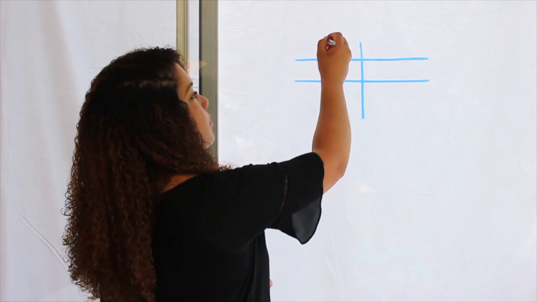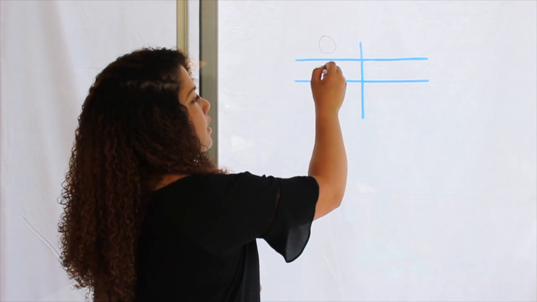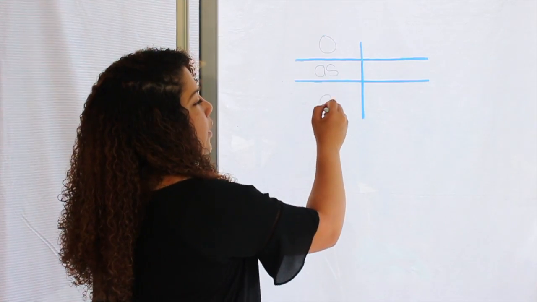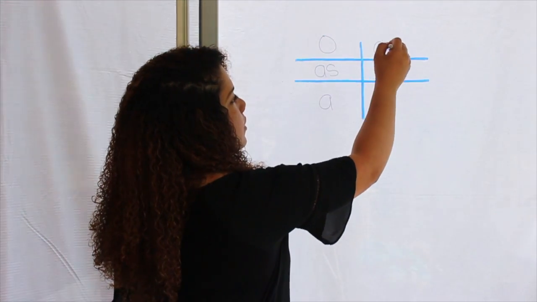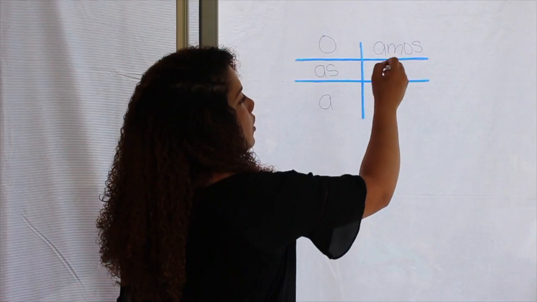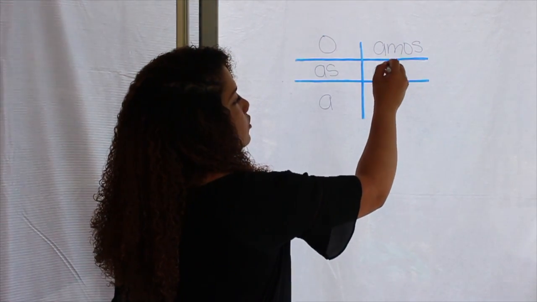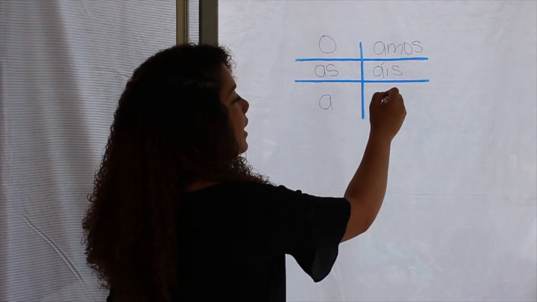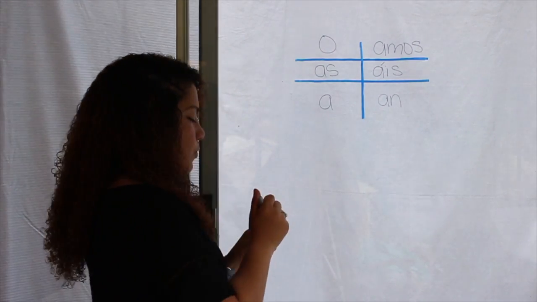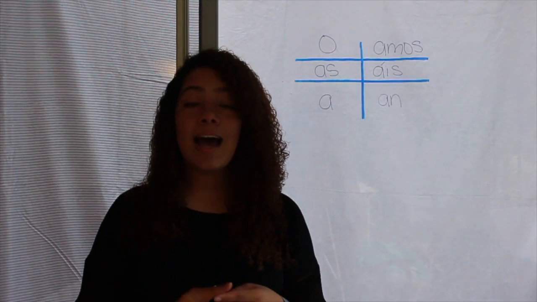So our endings are going to be o, as, a, amos, áis, don't forget you have an accent on the A here, and an.